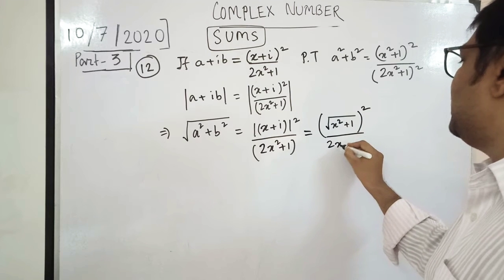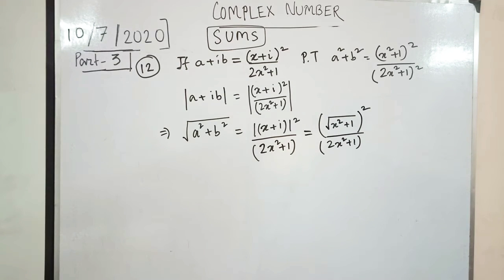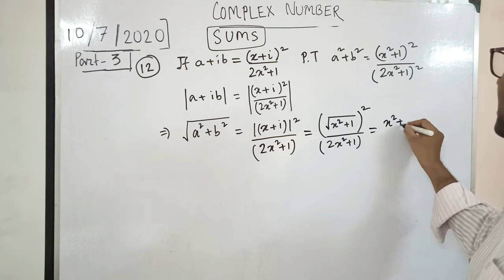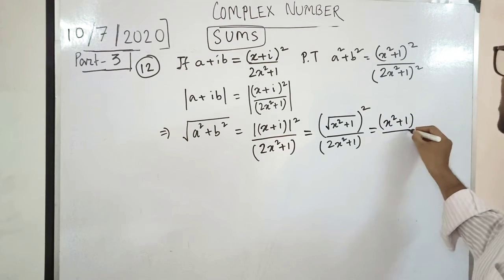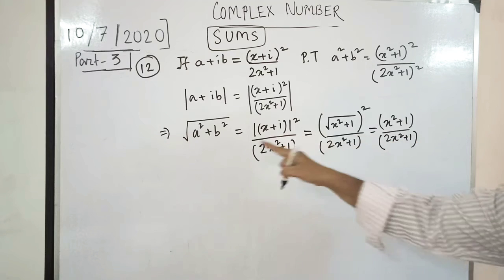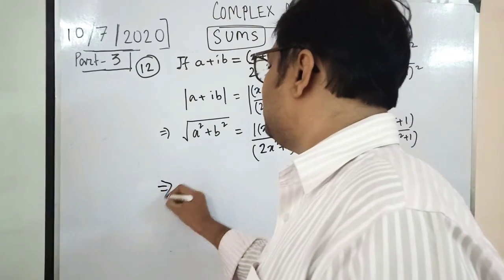And below it's 2x square plus 1. So this is x square plus 1 over 2x square plus 1. The entire thing I solved in one line, so it is actually reduced.